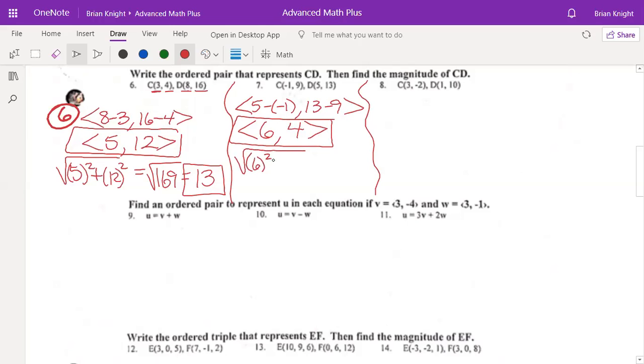And then find the magnitude. That was the square root of 52. Is that right? Yeah. And 52 can be reduced, right? 52 would be 2 and 26, and then 2 and 13, so it reduces to 2 square root of 13.